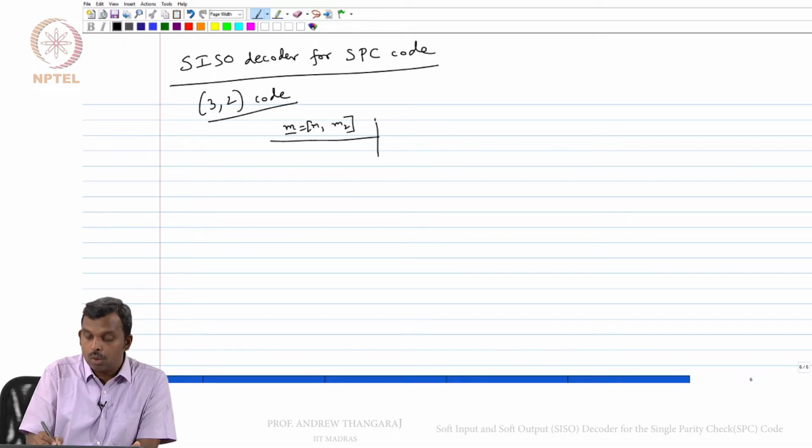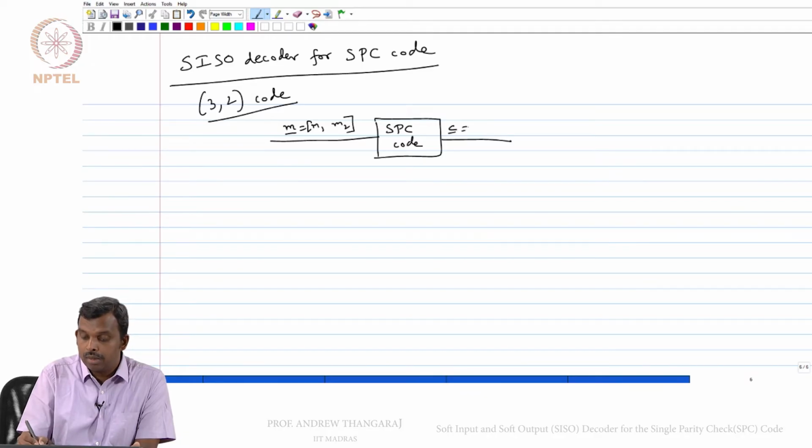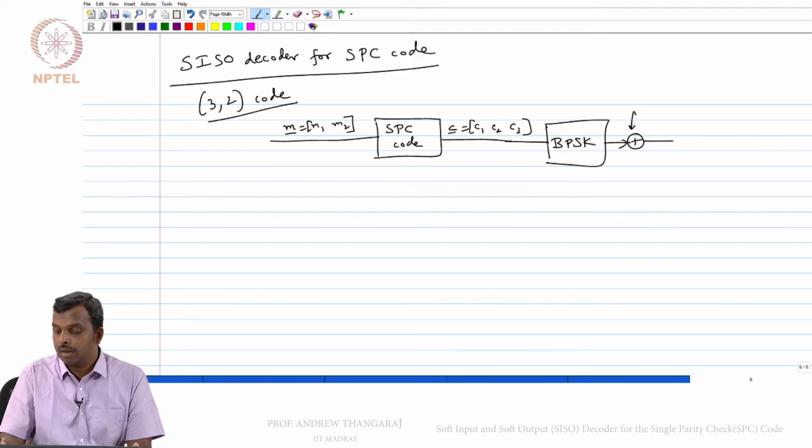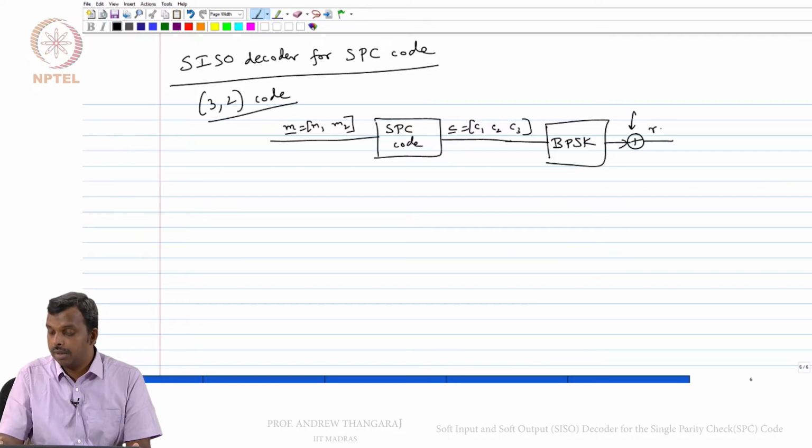This goes into the SPC code encoder, and you produce a code word which is C1, C2, C3. Now this will go into BPSK, and then Gaussian noise, and then you get your received vector, which is R1, R2, R3.